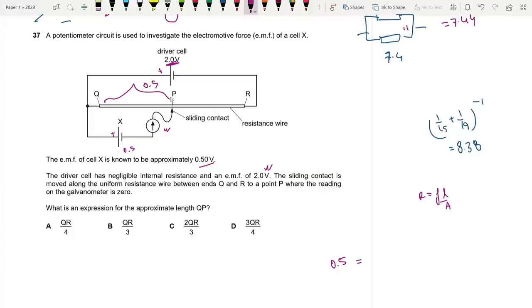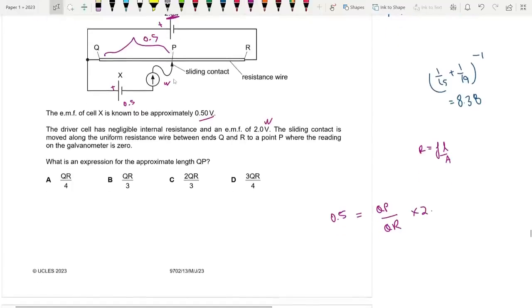So 0.5 is equal to QP divided by QR into 2. The length under consideration by total length into 2 will be equal to 0.5. So QP by QR is equal to 0.5 by 2 basically, which is 1 by 4.